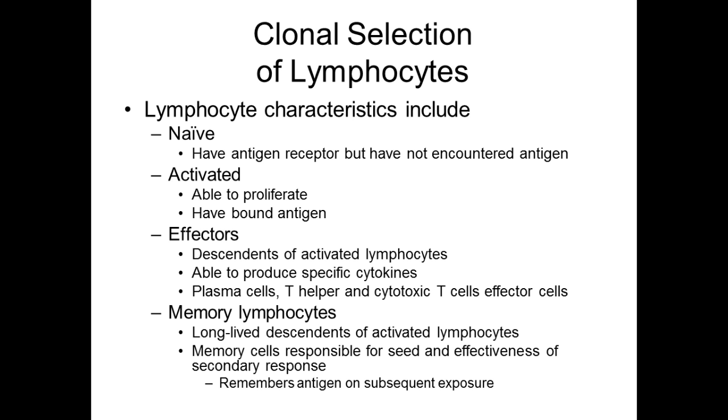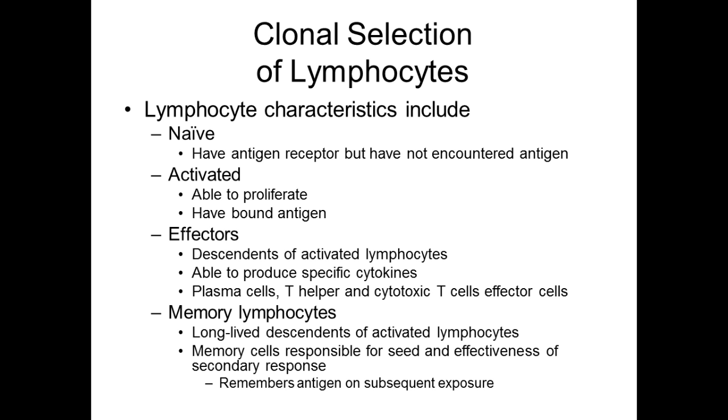They've become activated; they have bound to and found their specific antigen. And then depending on your cells, they can differentiate to what we call effector cells. They can cause effective change. They can do something.